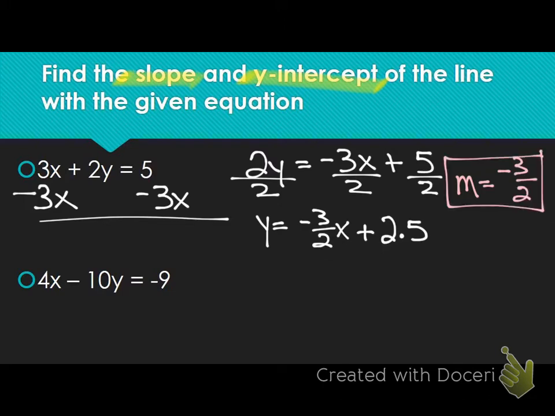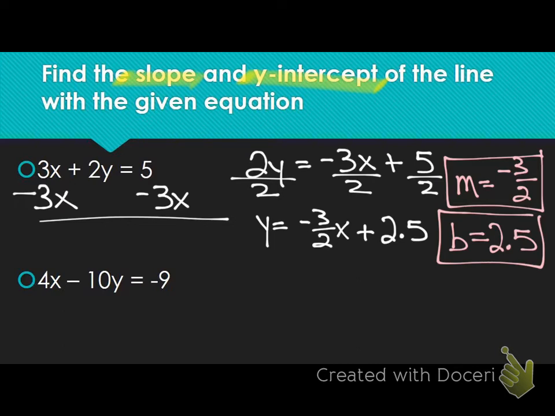What variable do we use for y-intercept? Again, very odd variable to choose, but nonetheless, b. B is the variable we use for y-intercept, 2.5. You could say 5 over 2, but what you cannot say is 2.5 as a mixed number, okay? Again, we don't graph that way. So our m and b values. I want you to go ahead and do the second one on your own.